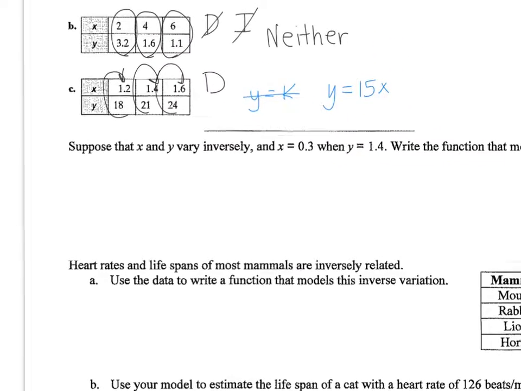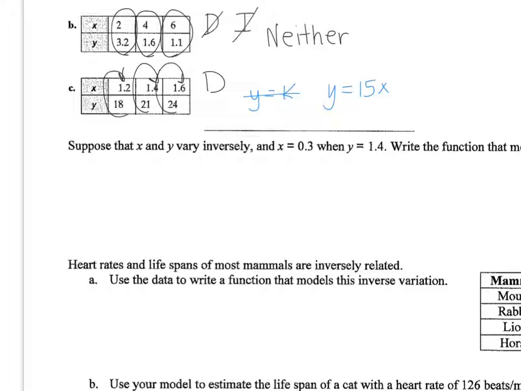Okay, next one. Suppose that x and y vary inversely. So let's make an equation out of that. If x and y vary inversely, you can write xy equals k, or you can write y equals k divided by x. So I'm going to keep xy equals k. When x is 0.3, y is 1.4. This information is going to help me find my k.